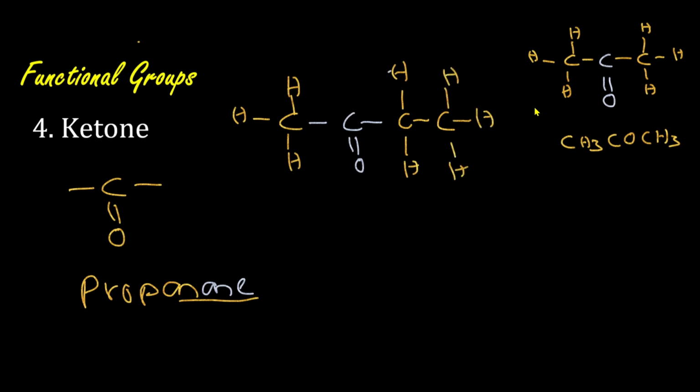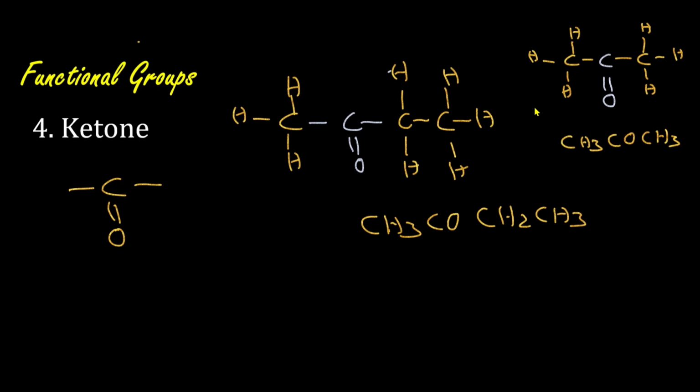So when it comes to writing its molecular formula, I'll first write CH3, then CO, as I told you that this cannot merge with another carbon atom. Then you may write C2H5, or you may write CH2, CH3. As for the name of this compound, it's made from butane. So first I'll write butane, remove E and write the word one over here. So this becomes butanone.